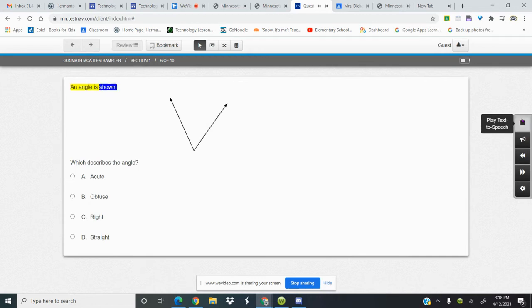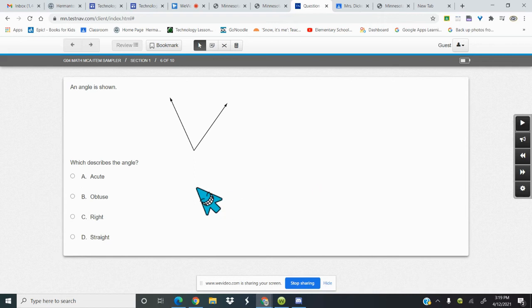An angle is shown. Now this is an interesting one because they also read the answers for you where the other ones did not. So it doesn't hurt to just play it to see if the answers are read to you also.